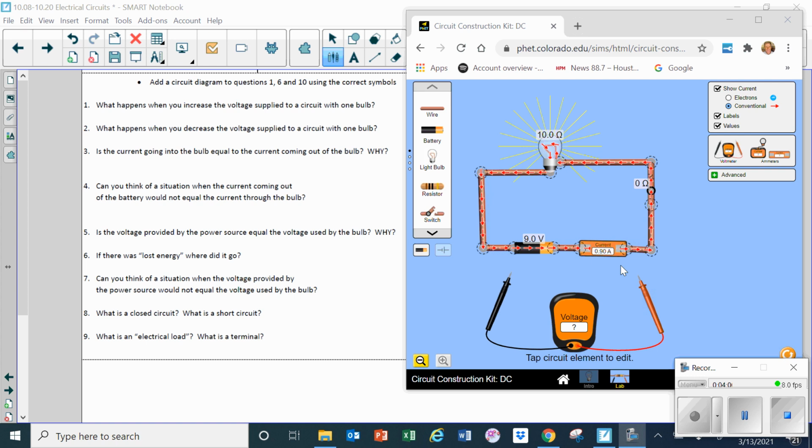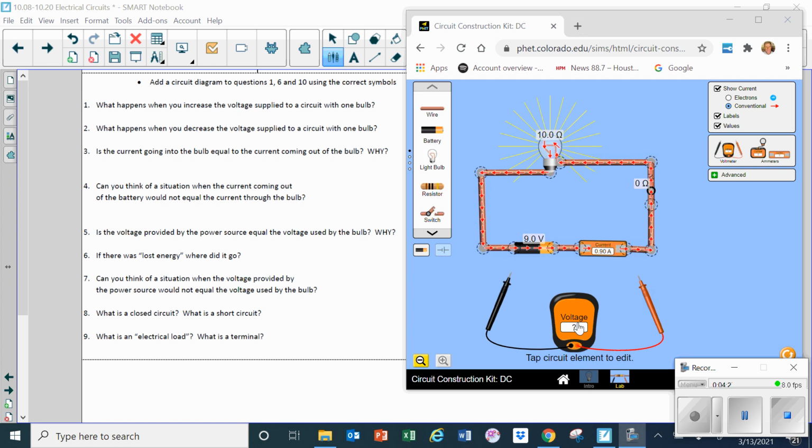You can see where it's located right in this area here. You can see the ammeter is measuring the current, 0.9 amps. And then I've got a voltmeter here.